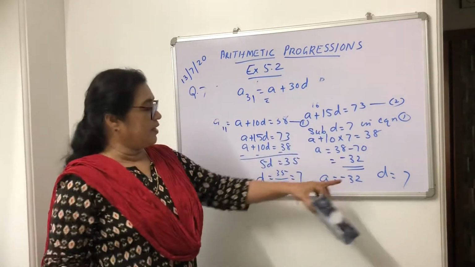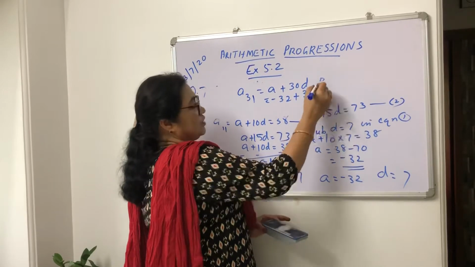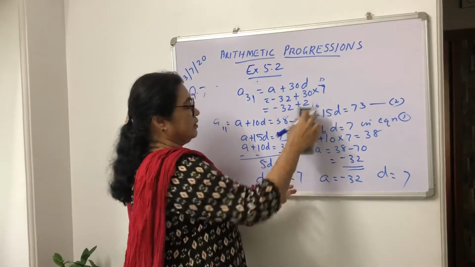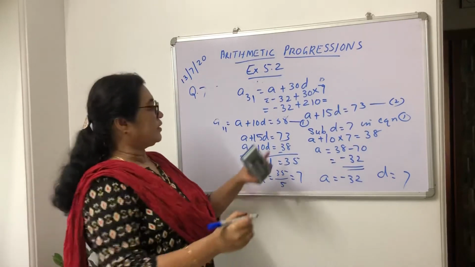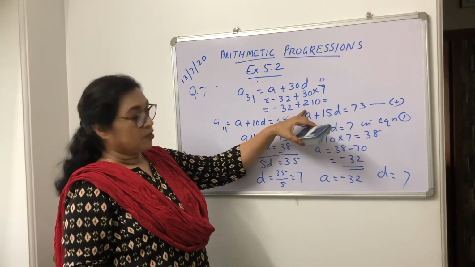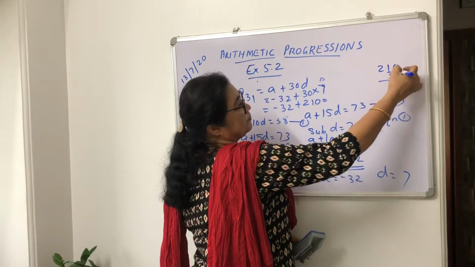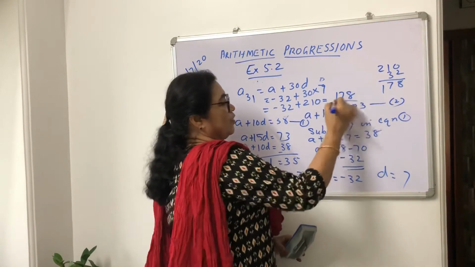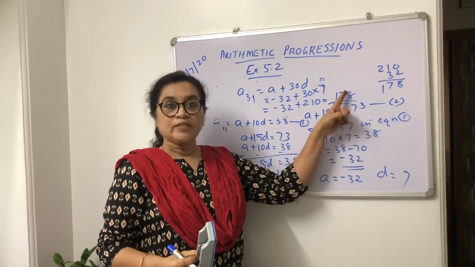A is minus 32 plus 30 into 7, that is minus 32 plus 210. It is 210 minus 32, which is 178. So therefore the 31st term of AP is 178.